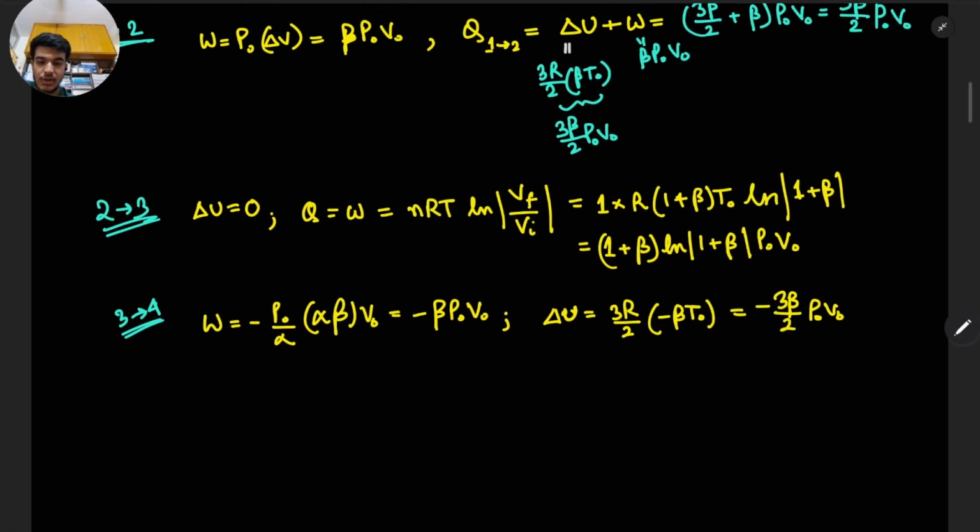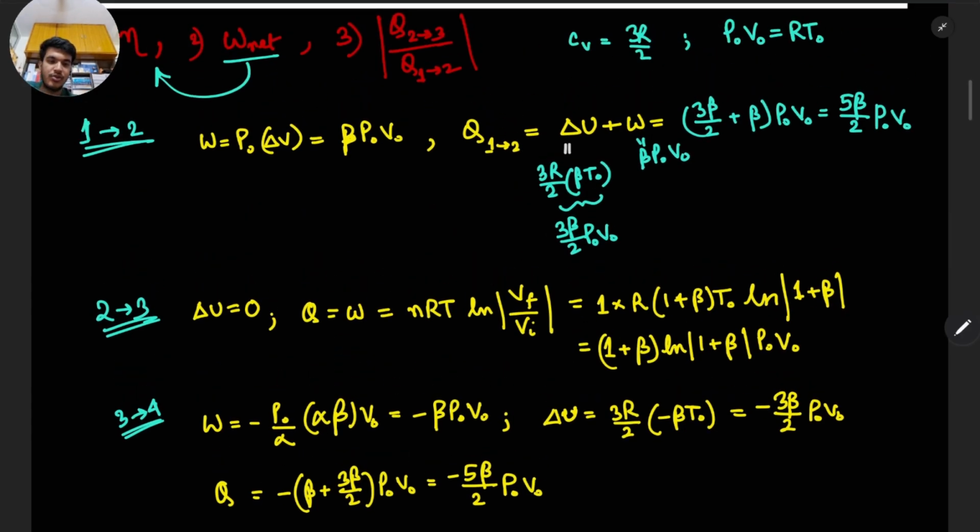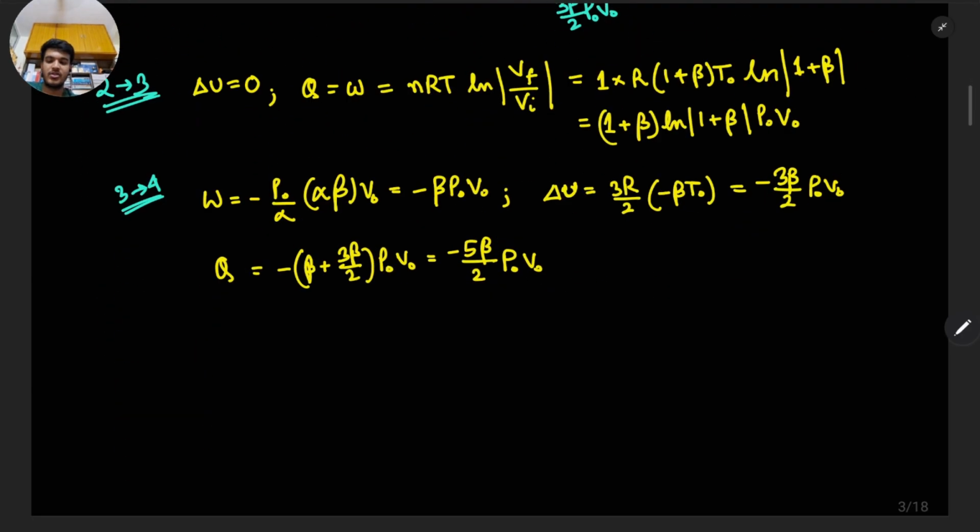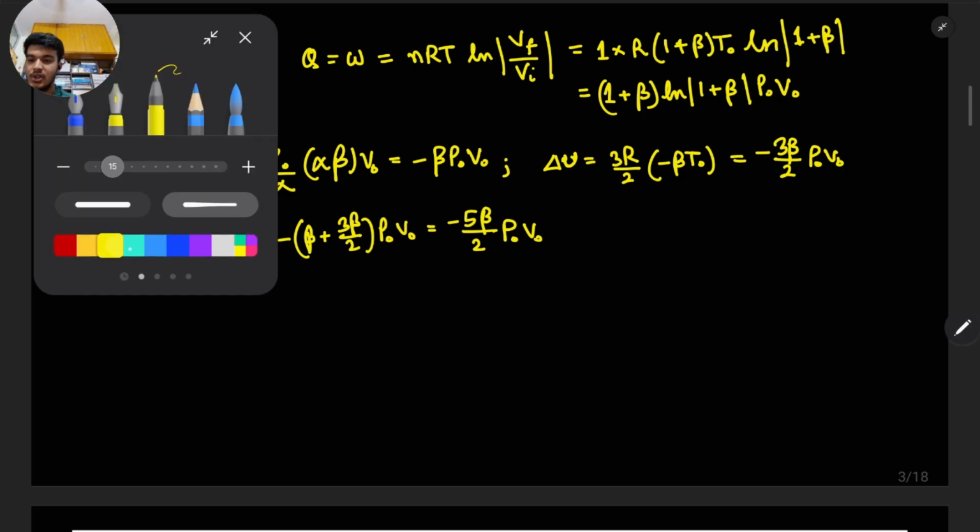This is my value. So the heat in this step is nothing but minus beta plus 3 beta by 2 P naught V naught, which is minus 5 beta by 2 P naught V naught. So just the opposite of the first step, 1 to 2, that we have done.